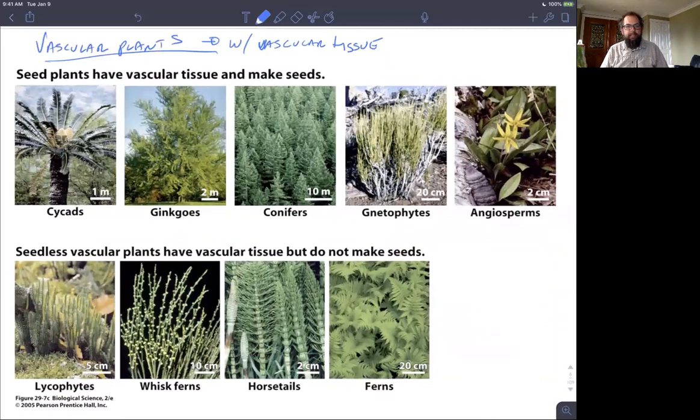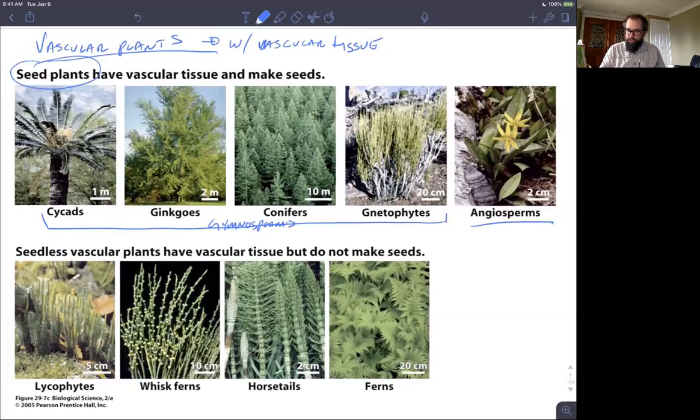And we can break these out, and we will talk about two parts of those. Seed plants, so vascular tissue, and they make seeds. These include all of our gymnosperm groups, as well as the angiosperms or the flowering plants. These are all seed plants with vascular tissue.